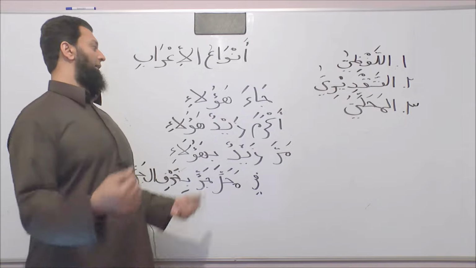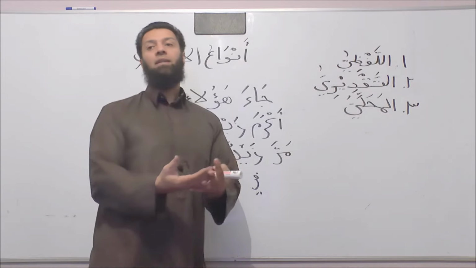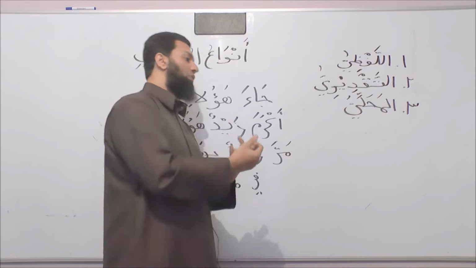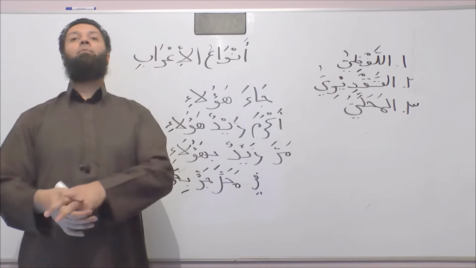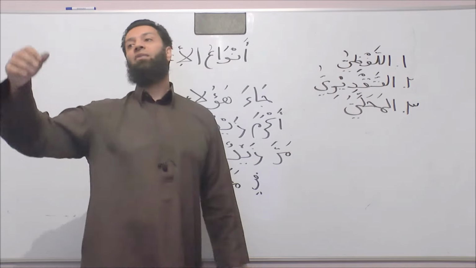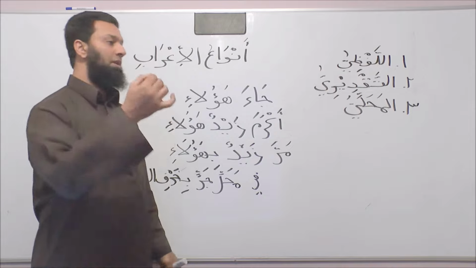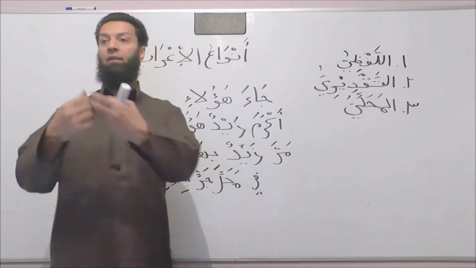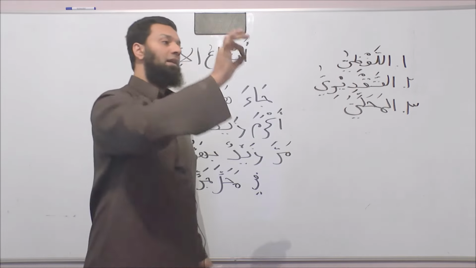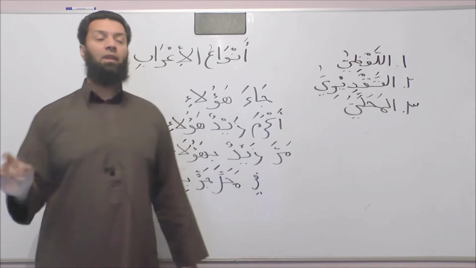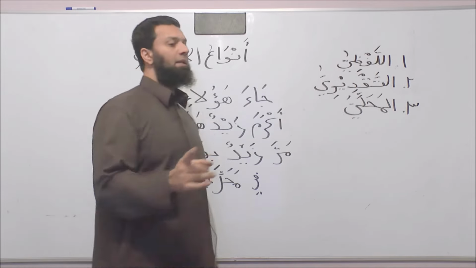If there wasn't that which prevented it, such as al-alif al-maqsura or al-alif al-mamdudah, such as in asa and al-riba and so on, then the harakat on the vowel would appear. That's the first important difference.